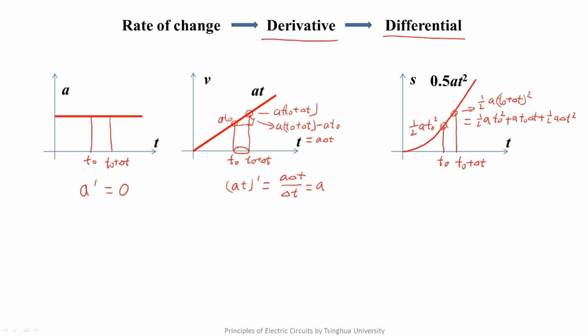Then we calculate the rate of change. From t0 to t0 plus delta t, the time changes delta t, and the rate of function's value is this. The time rate of change at t equals t0 is this.